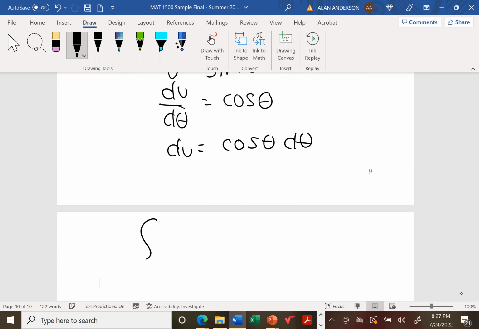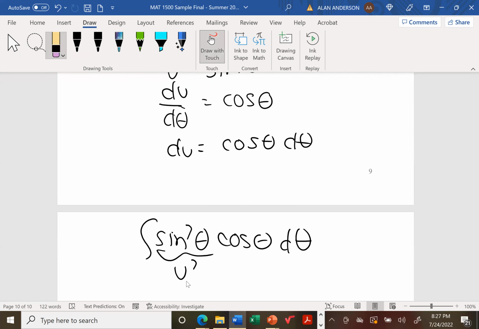So the original problem now, oh, sorry, hold on, I missed the cosine. Can be thought of as u to the 7th du. We just neaten that up a little bit.